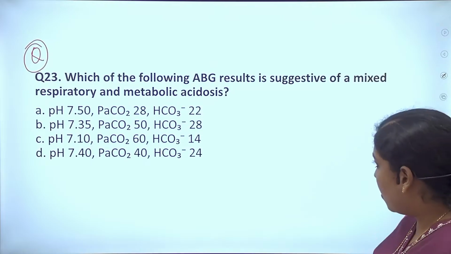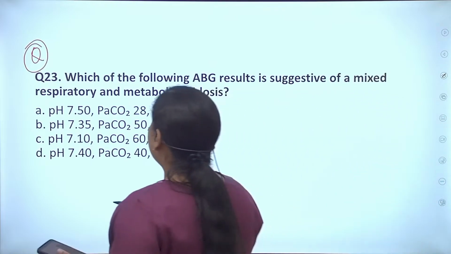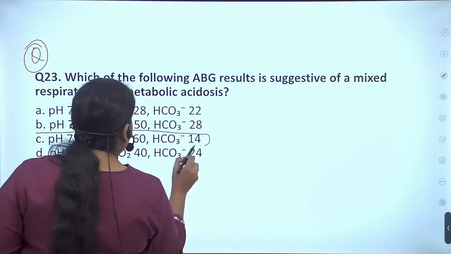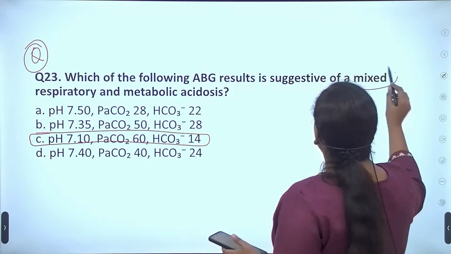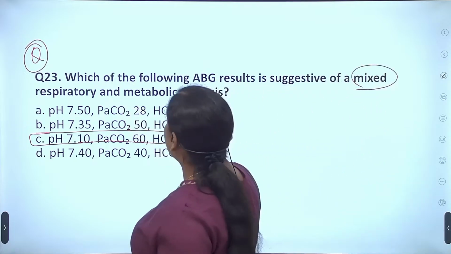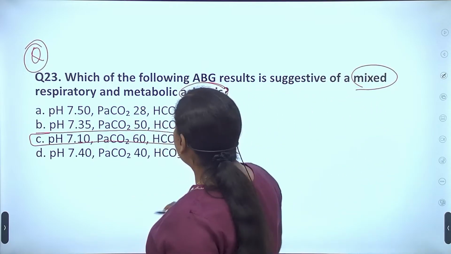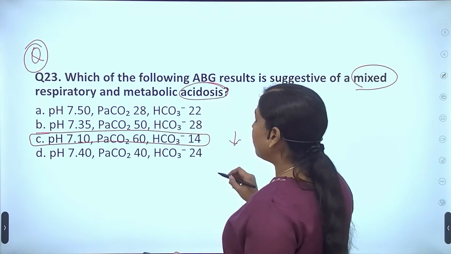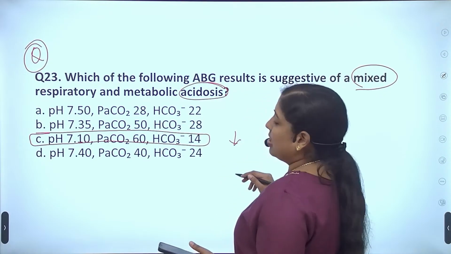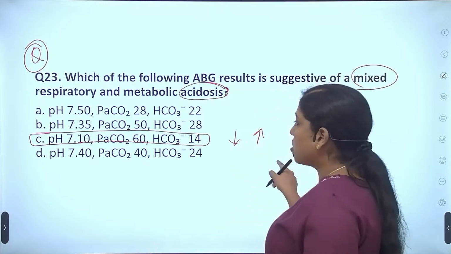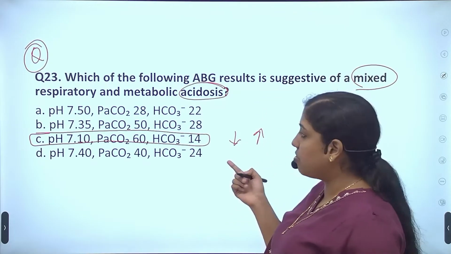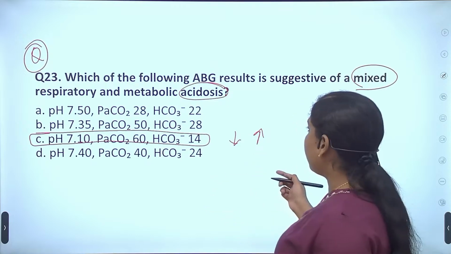Yes. C is the correct answer. This is showing mixed respiratory acidosis as well as metabolic acidosis. The pH is less, and the PaCO2, normal 35 to 45, is increased, showing a reverse component, which indicates respiratory acidosis.